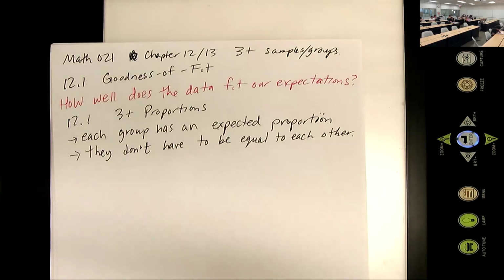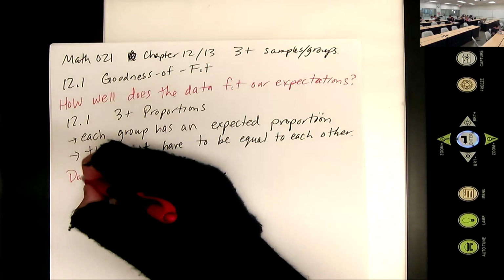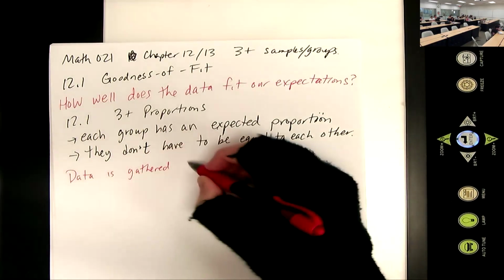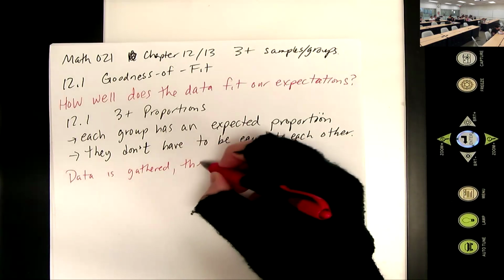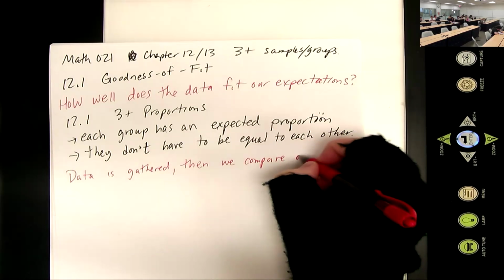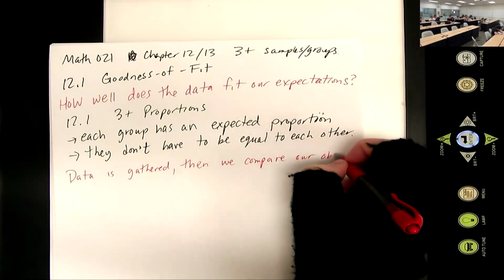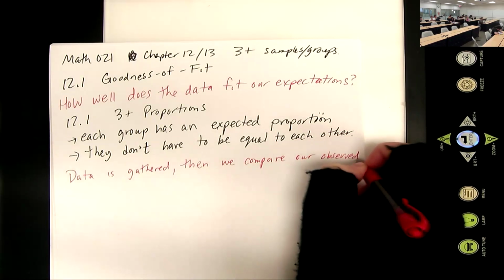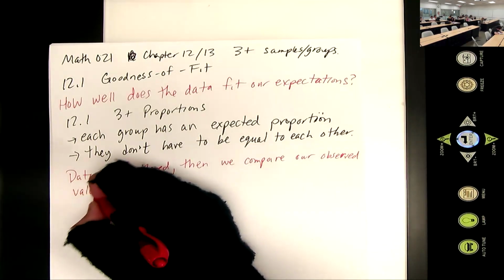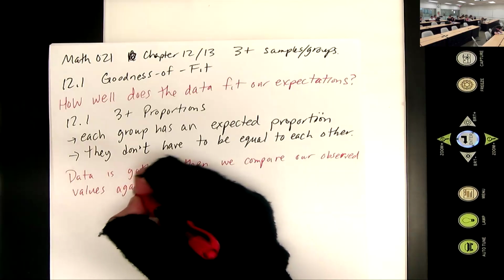So what we do here is data is gathered, and then we compare our observed values from the data set against the expected values.